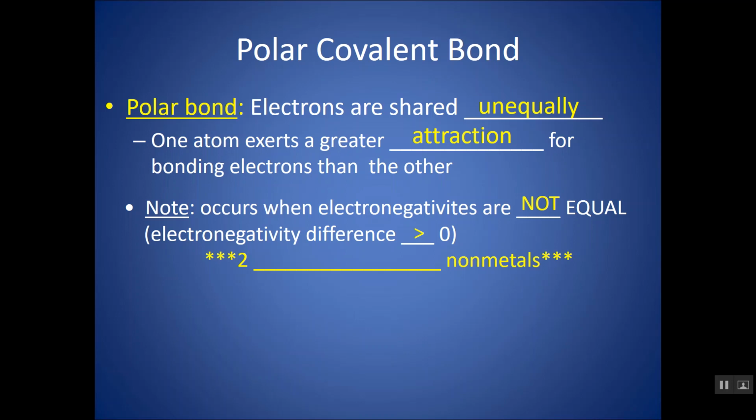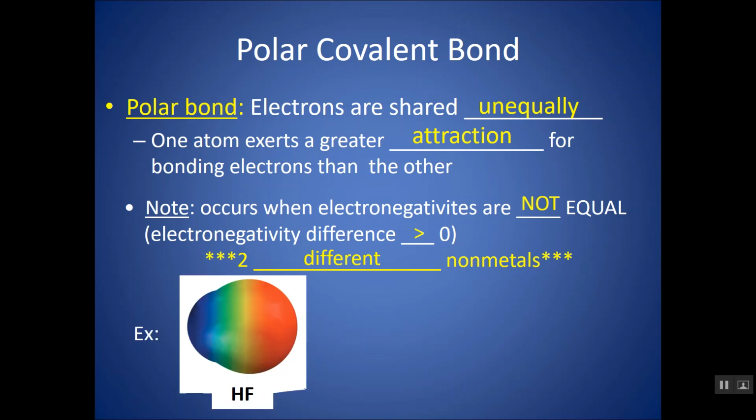The further from 0 it is, the more polar it is. So this will really be the case whenever you have two different nonmetal atoms bonded together. Okay, so something like H and F, O and C, C and Cl. Now you might say, hey, are there any elements that actually have the same exact electronegativity? And there are a couple that do. And I'm not going to ask you to know them offhand.